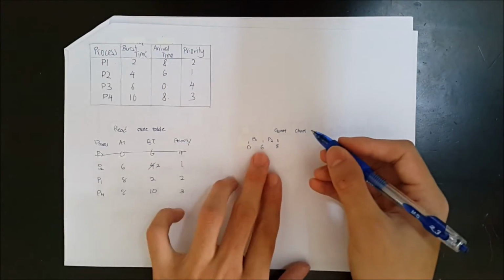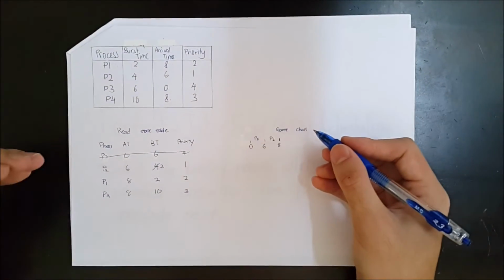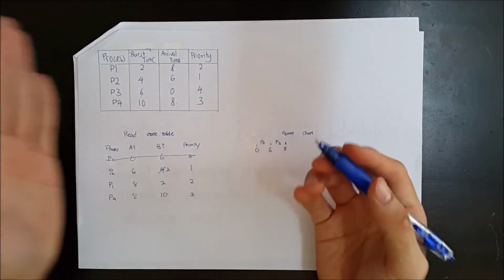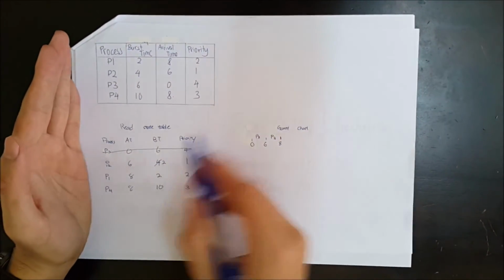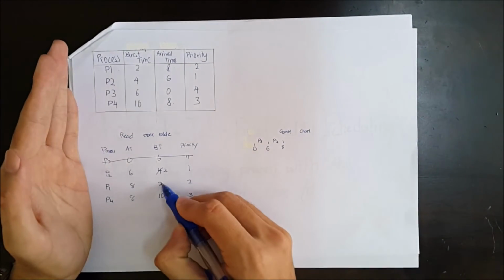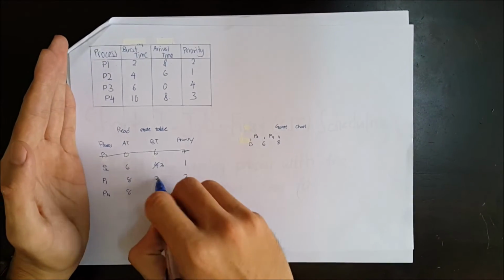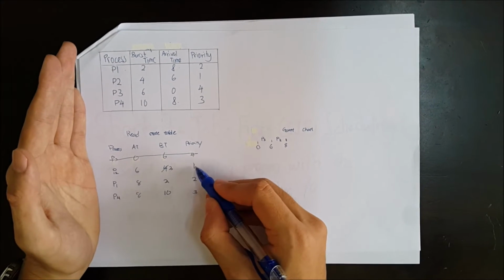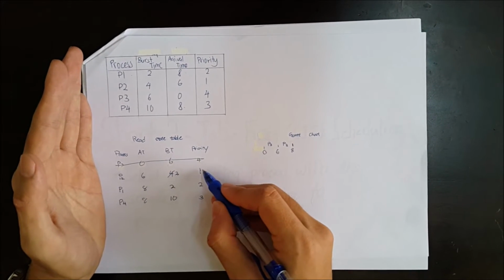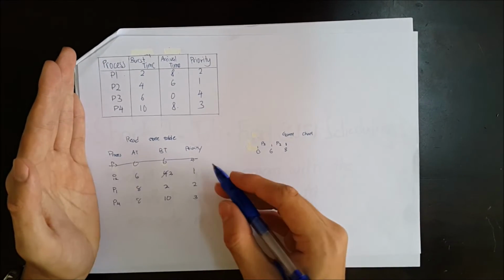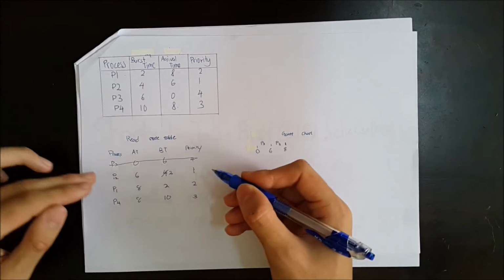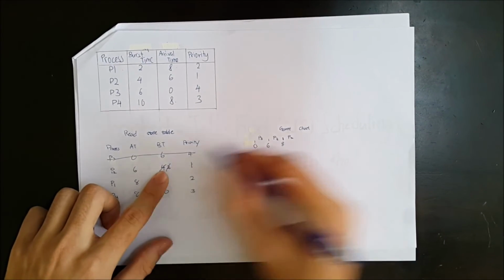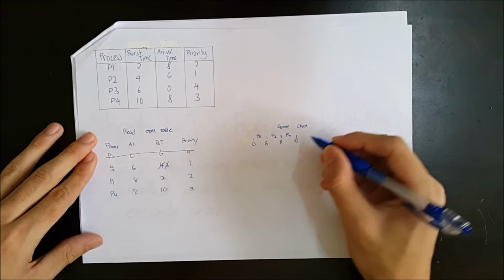For the next execution, we depend on the shortest burst time. In this case we have the same burst time, so we go to the third criterion, which is priority. We choose the smaller value for priority because the smaller value means higher priority. So we choose P2, with the remaining burst time deducted, and it goes to 10.